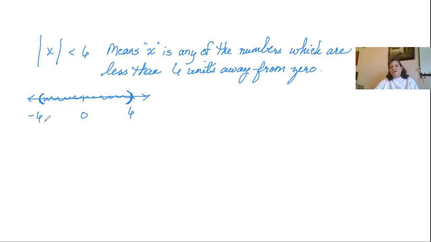So notice that this is actually one interval, one interval with 2 endpoints, so that if the absolute value of x is less than 6, that means that x has to be smaller than 6 and larger than negative 6. So x is any number between negative 6 and 6. Or if we put it in interval notation, we just put parentheses, because we're not including it, don't have the equals, parentheses, negative 6 to 6.